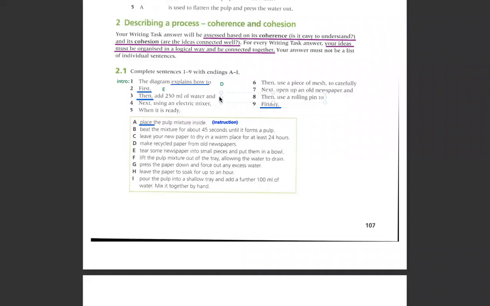Okay, so after we tear it, we add water and then leave it to soak. So H, number 4. What do we do with the electric mixer?